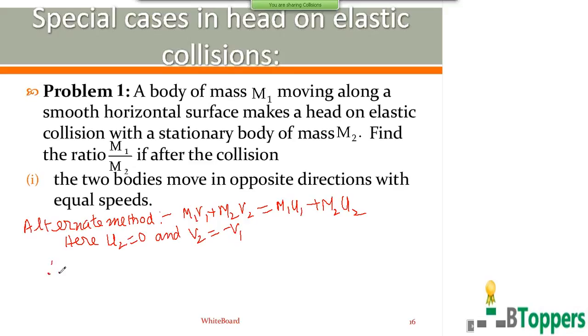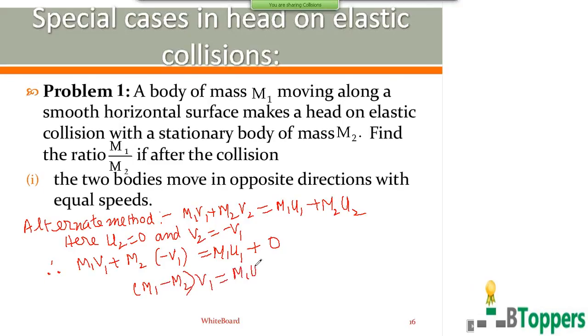Therefore you get m1 v1 plus m2 into minus v1 equal to m1 u1. The second term on the right side becomes 0. So you get m1 minus m2 into v1 equal to m1 u1. You can call it equation number 1.